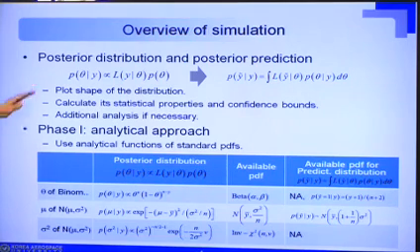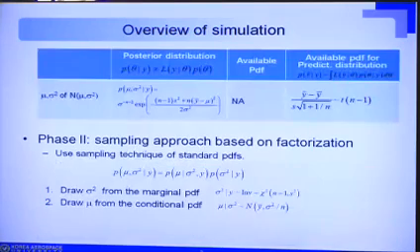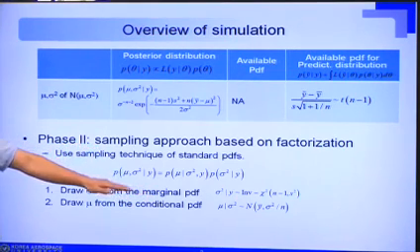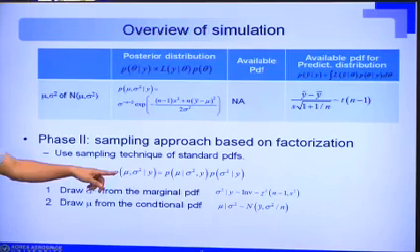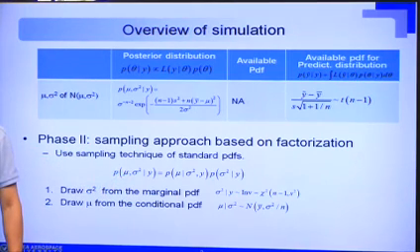And what I did before was, at first, I showed you an analytical approach, which was summarized in this table. In the next phase, I moved to the sampling approach based on factorization, and this was applied to the 2 parameter normal distribution.